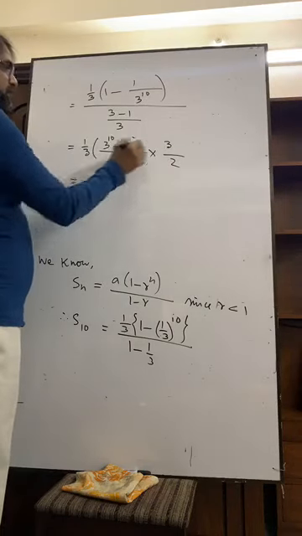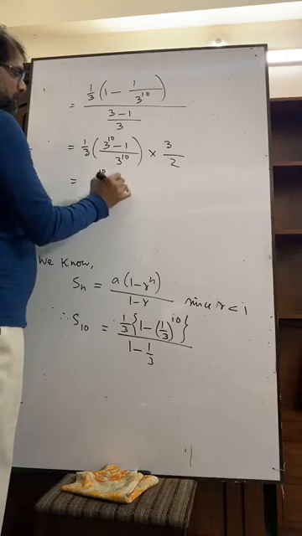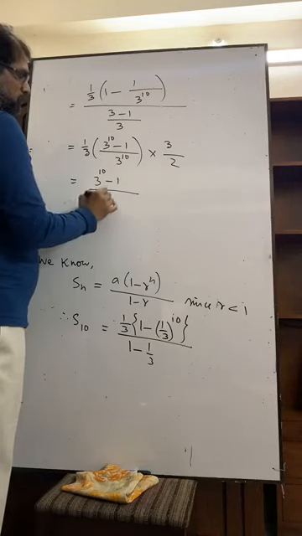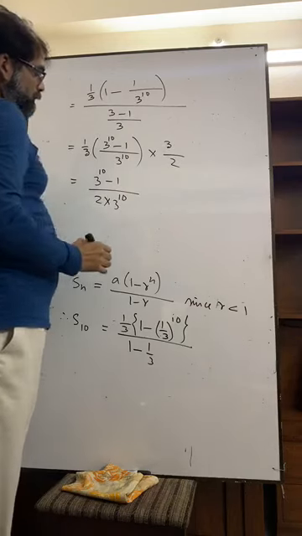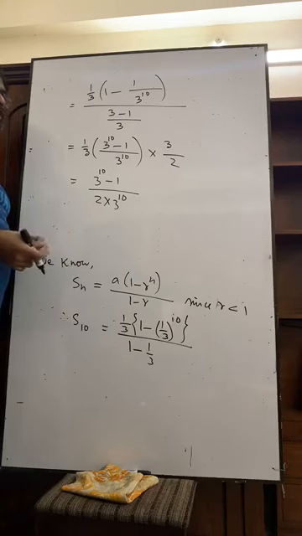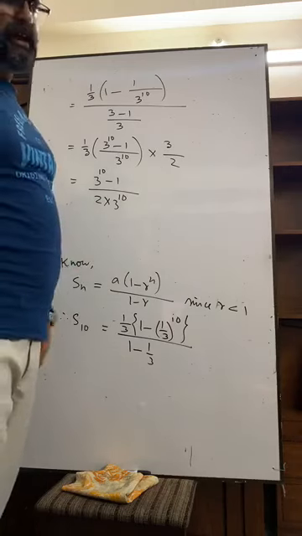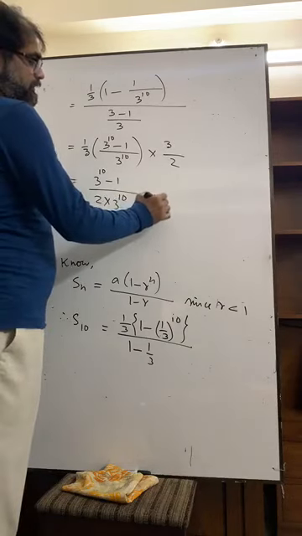So these 3 will be omitted. So we will be left with 3 to the power 10 minus 1 by 2 into 3 to the power 10. You can leave your answer like this, you will get full marks. Or if you want, you can use the calculator to find the value. But no need, it's the answer.